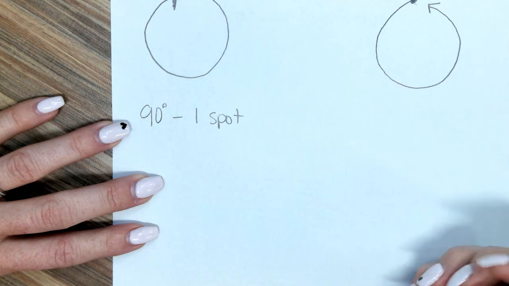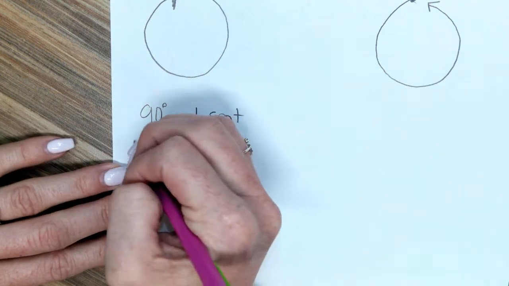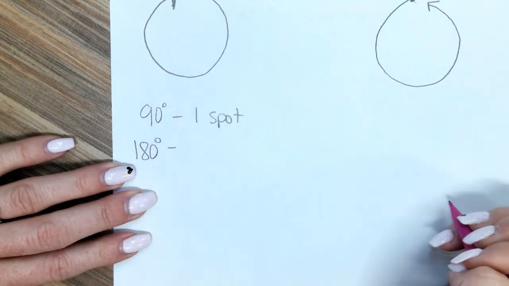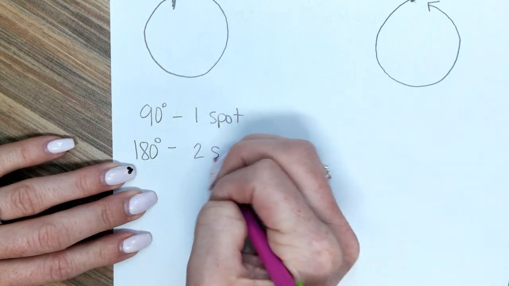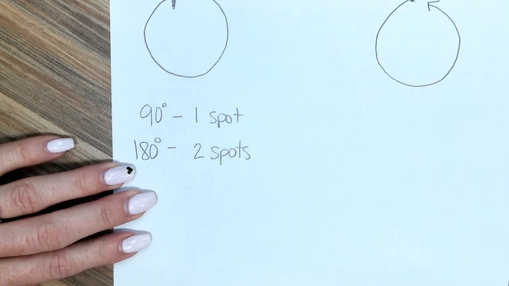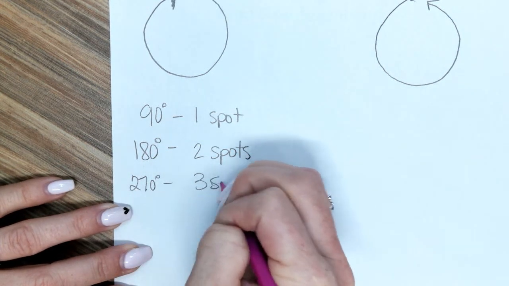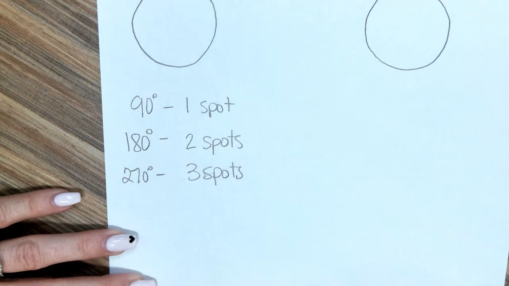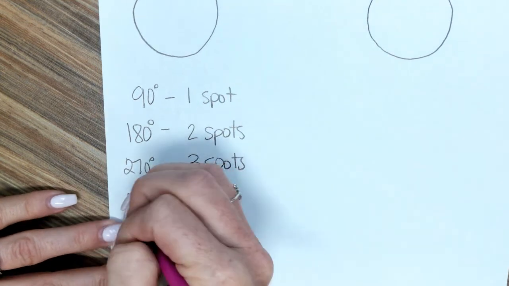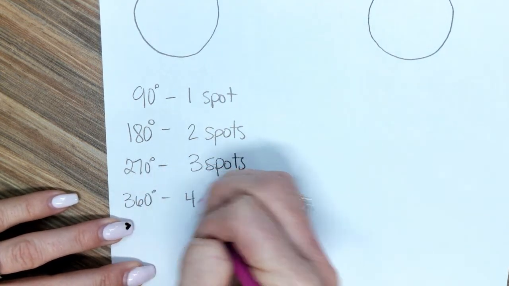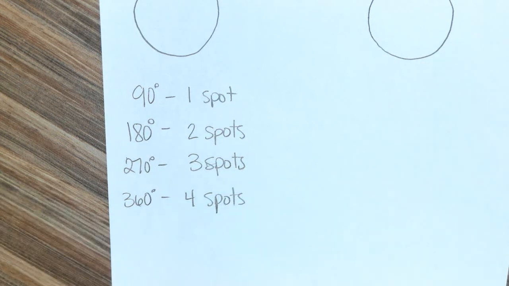What's 90 plus 90? 180 degrees is how many spots? 2. If I add another 90, I'm at 270. So 270 degrees is 3 spots. And 360 is 4 spots. That is basically ending up right where I started. I made a full circle.